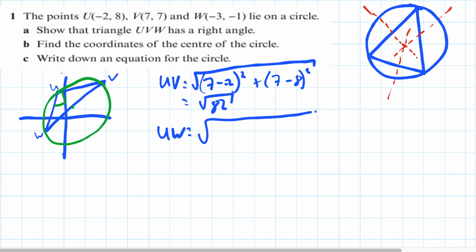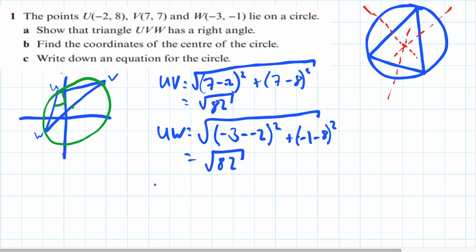Let's do the same for UW now. So that gives me square root of -3 (x2) minus x1, minus 2, squared, plus -1 minus 8 all squared, that equals 1 squared and 9, so that equals square root 82 as well.